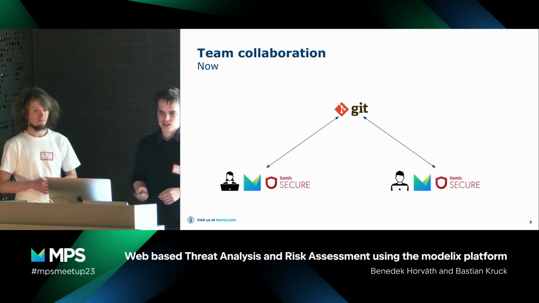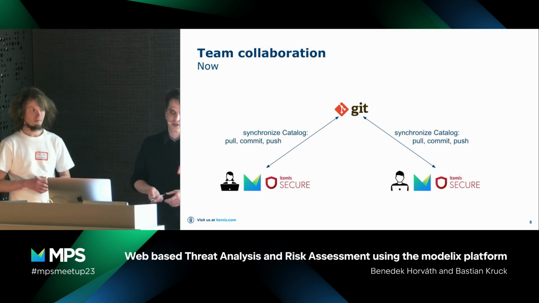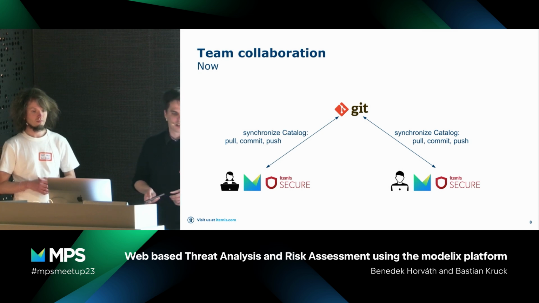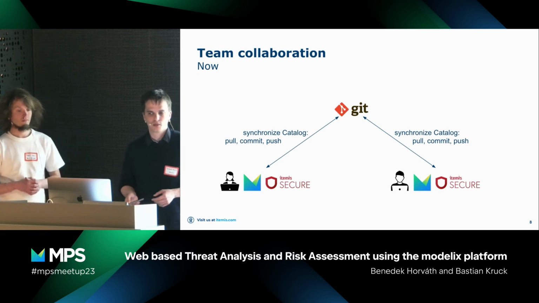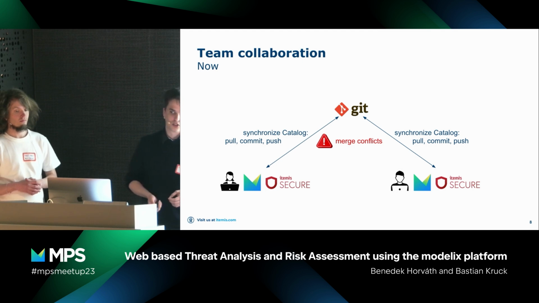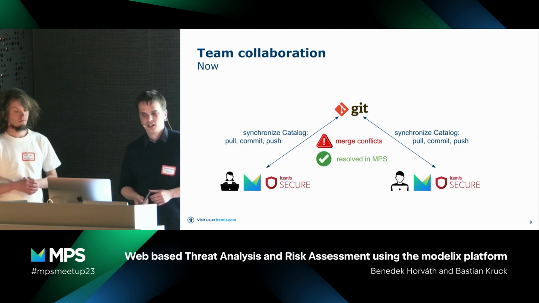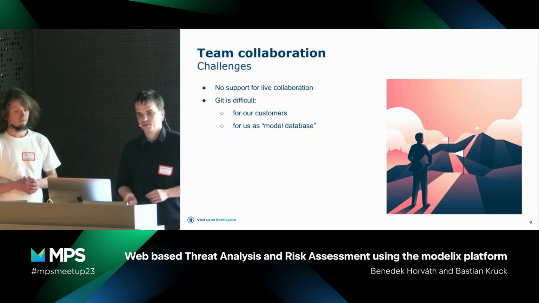So like we mentioned, all the customers are using Git to store their models with the classical operations: pull, commit, push, resolve merge conflicts in MPS, and so on and so forth.